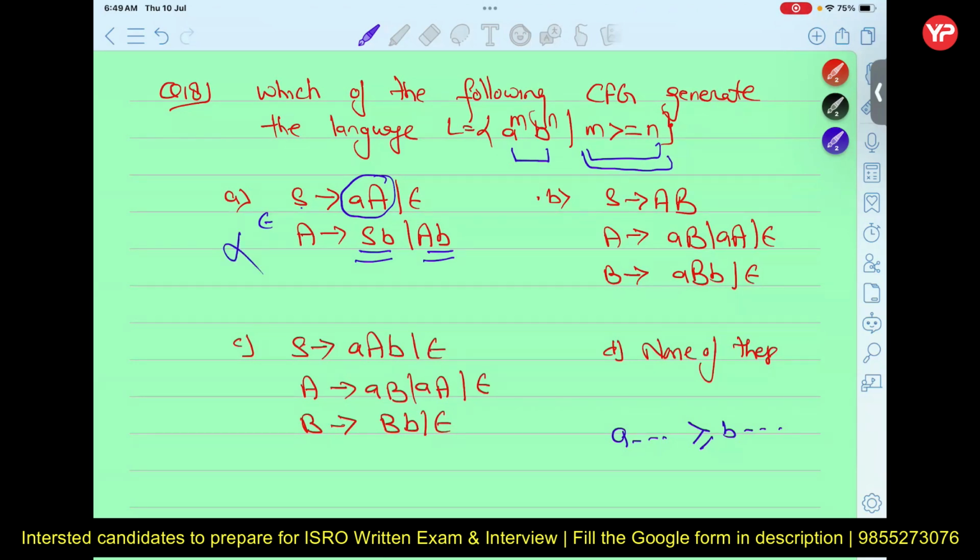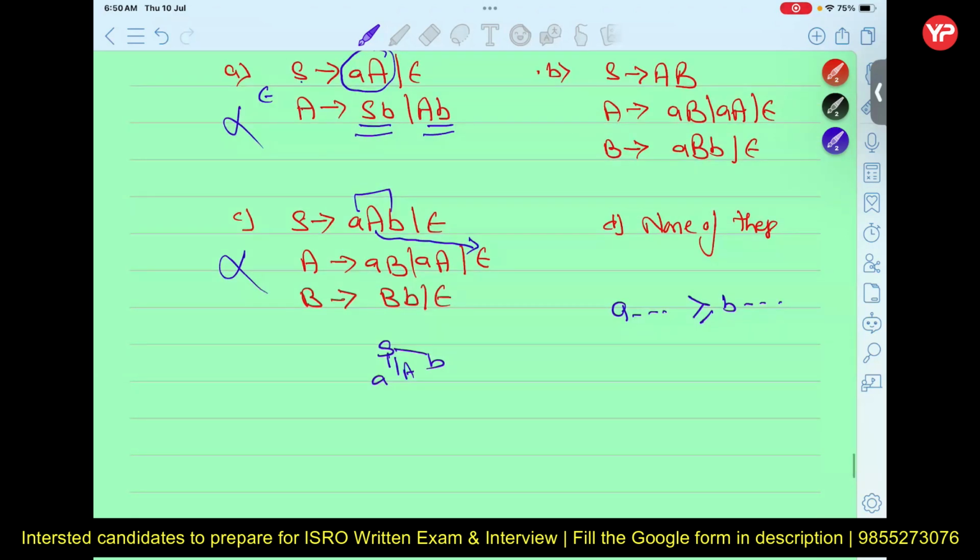In C, here you are generating the same number of a, but if you terminate a by epsilon, it is again false because it is equal in nature. That's fine. But the point is, S generates A, B. Fine.